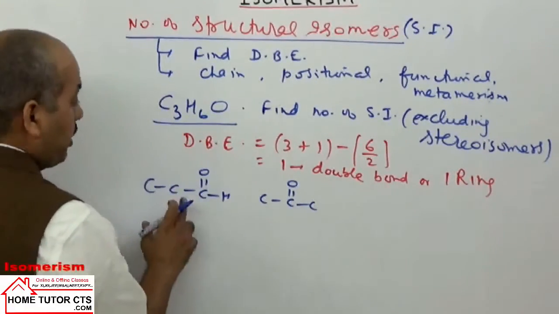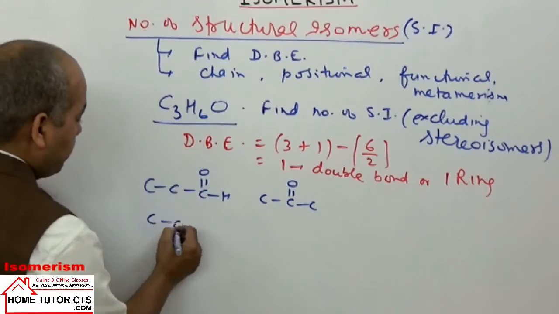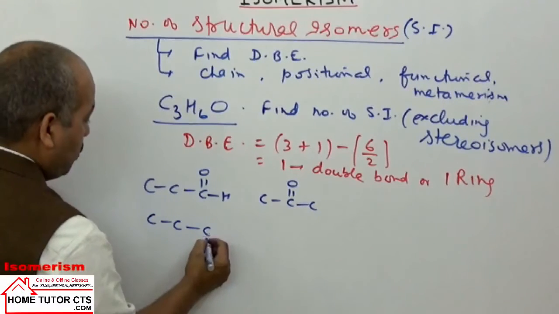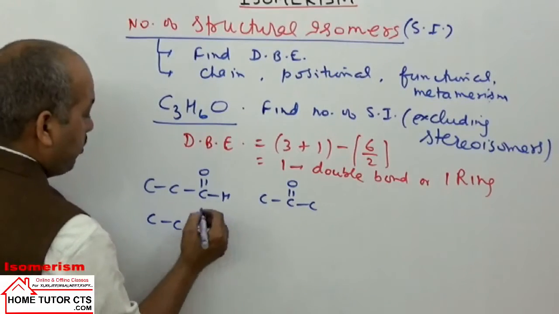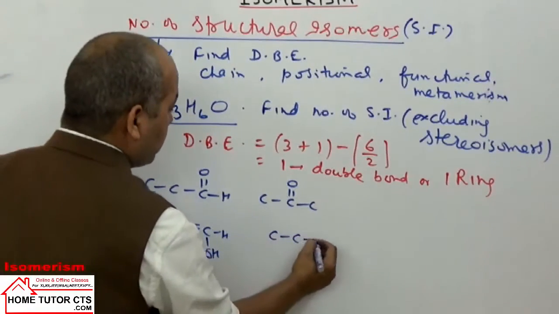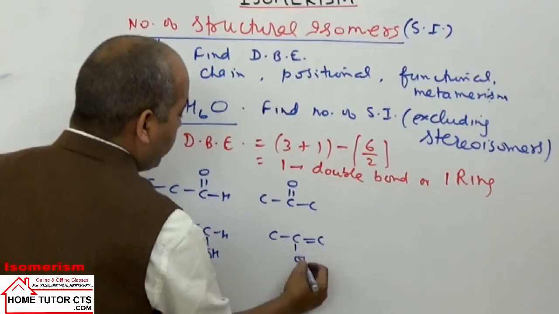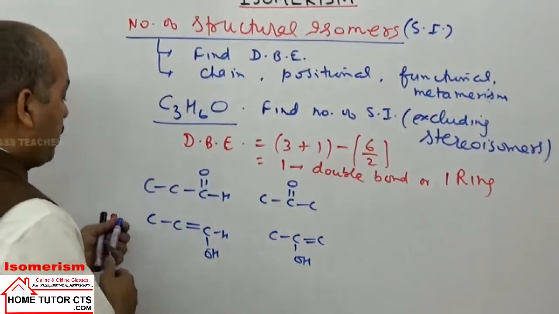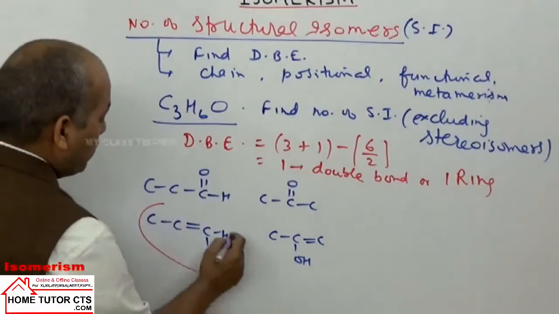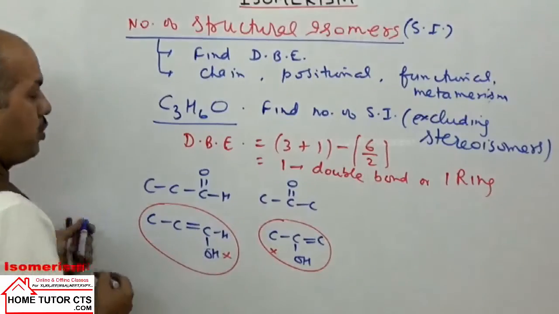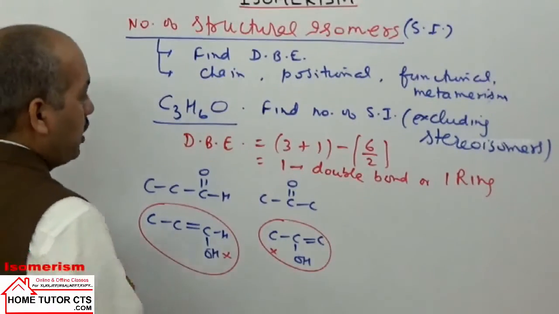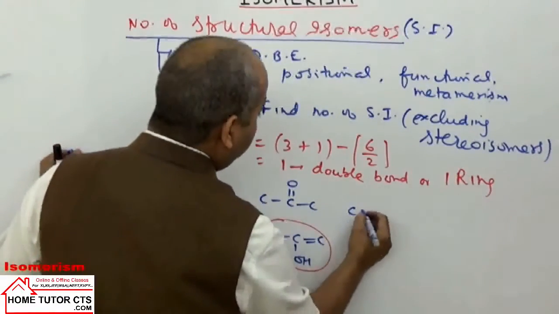We can take for them even these enol structures, with OH group here, double bond here. Now in counting the isomers, these two we will not count. So in open chain we can take these two, then we can think on possibility of double bond between carbon to carbon.